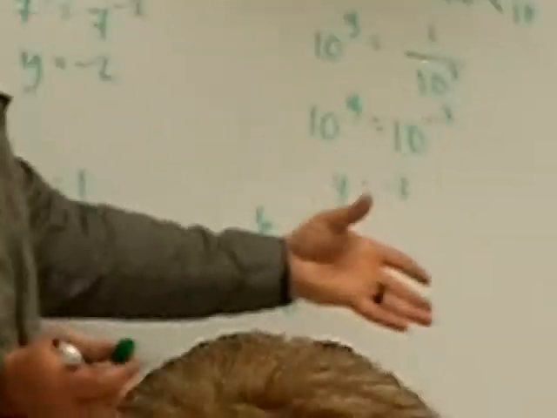It's a common log, right? There's not a defined base, so what's the base? 10. Is that base and this base the same? Yes, so that's always the answer: whatever I'm taking the log of. That's just based off this rule.